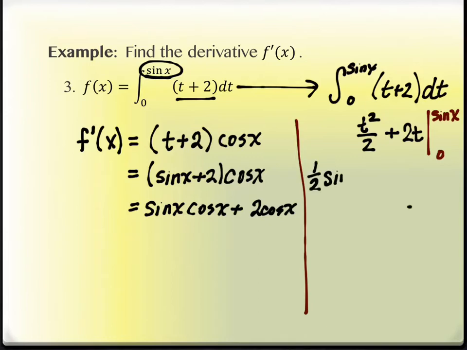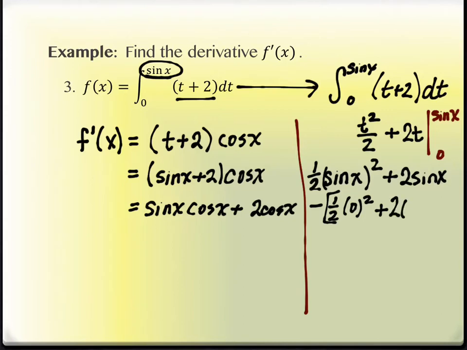So I have the sine of x squared plus 2 sine of x. And I have minus 1/2 of 0 squared plus 2 times 0.